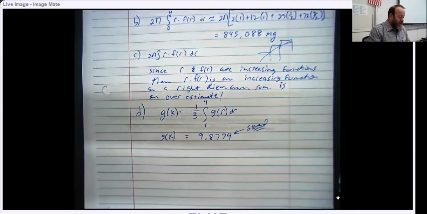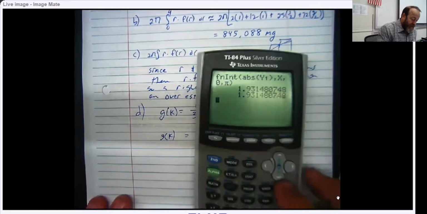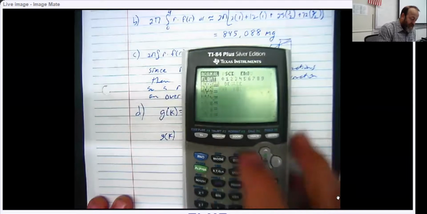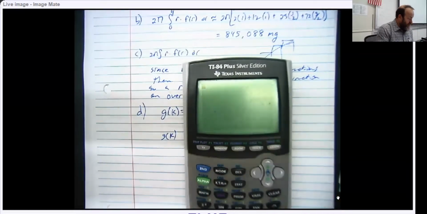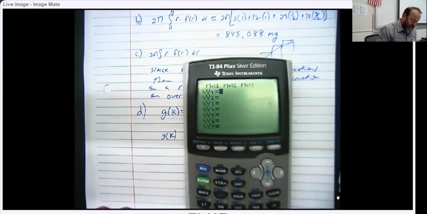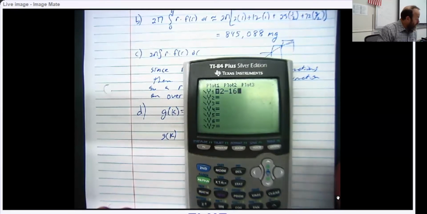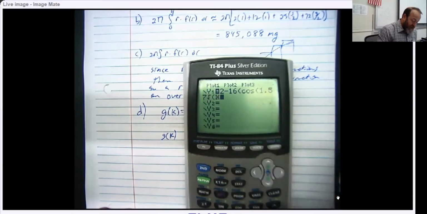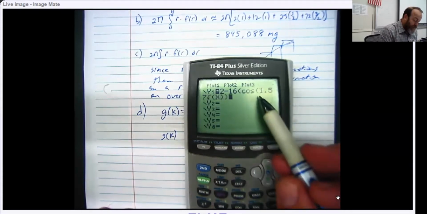And let's go ahead and do that. So I've got my function in here. Let me make sure that I'm in radians, because there's definitely a piece in there talking about some trig. So we had 2 minus 16, parentheses, and we have to be really careful because they added some parentheses to this problem, which could definitely get us into hot water. 157 square root of r, and my calculator does not have pretty print, so I have to be very, very careful about my parentheses.